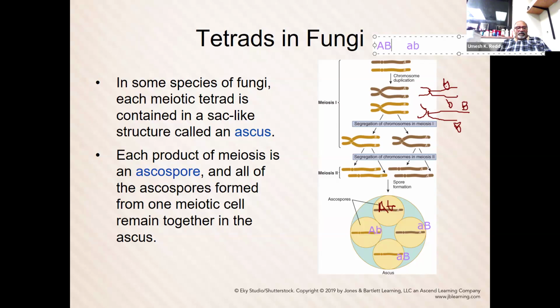The fungus, they are haploid. So it became like AB, and then AB. So on the equatorial plate, this chromosome and this chromosome, capital A, capital B, will get selected. But what if they are arranged in a different fashion, like this? So one way is whether they will get arranged.